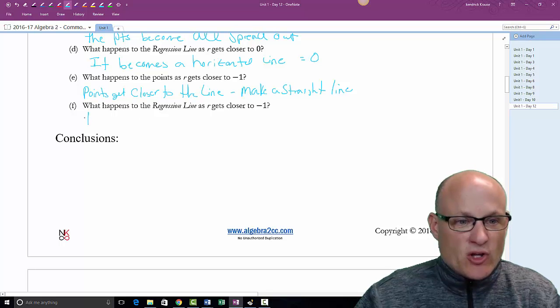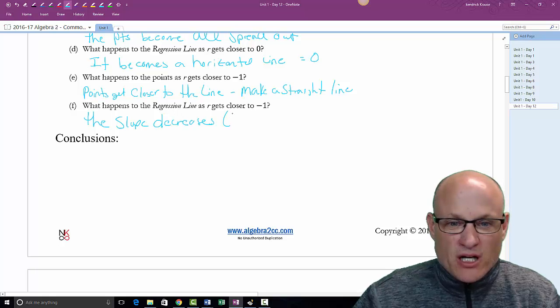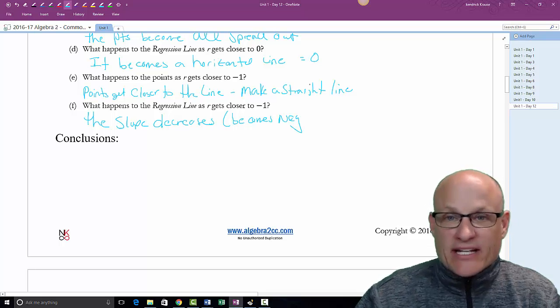And in this case, the slope decreases, or becomes negative. It's called a negative correlation.